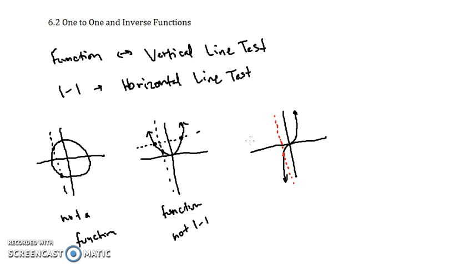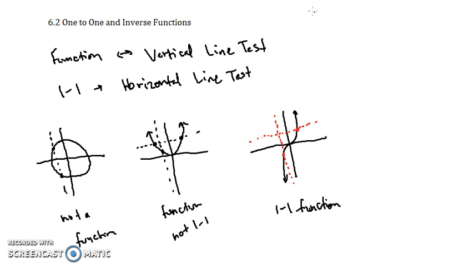And any horizontal line we draw is also going to go through one spot. Where it looks like it's kind of going horizontal, it is not. If you zoom in, you'll see that it's not actually horizontal. So this one is a one-to-one function.